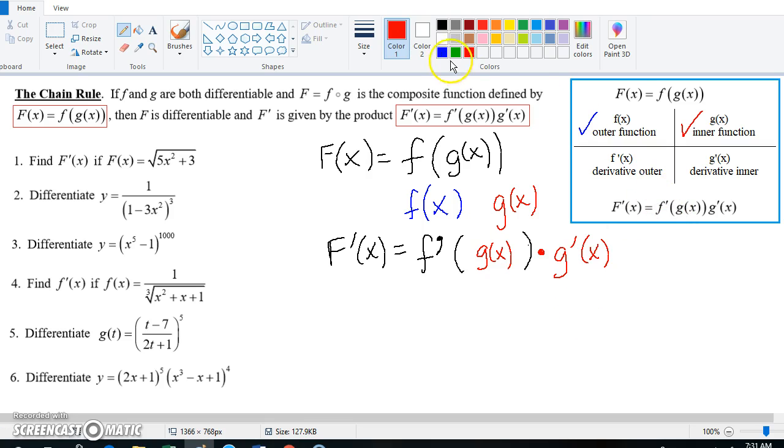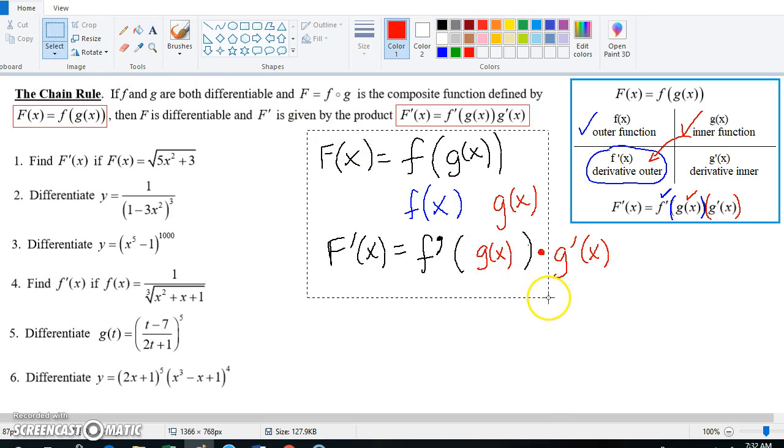Okay, so in my little picture here, here's my f prime of g of x. So once I get the f prime derivative, I have to put the g of x function back inside it. Then I multiply by the derivative of g of x.